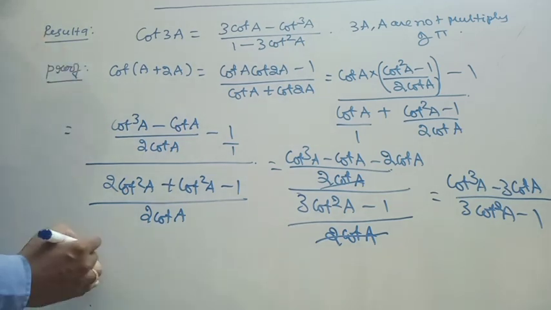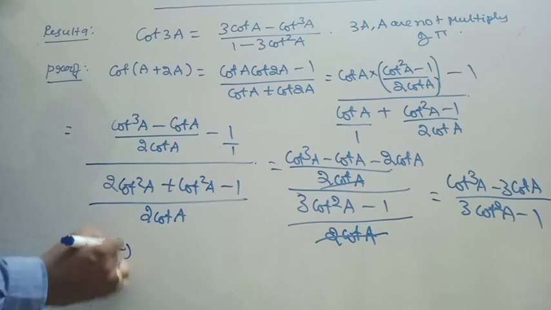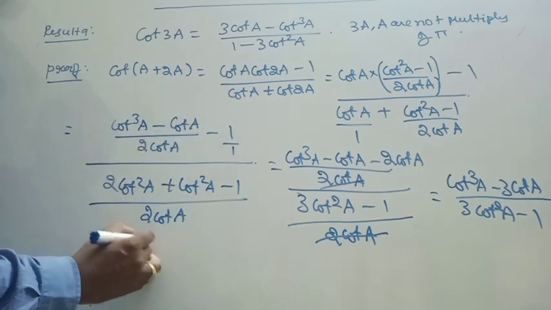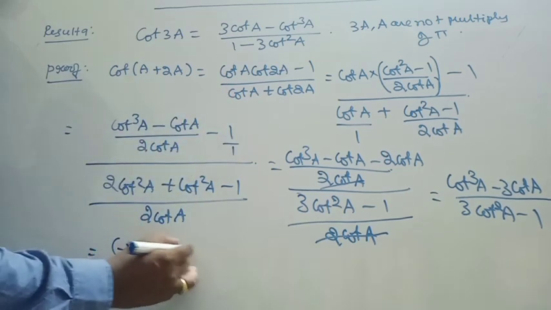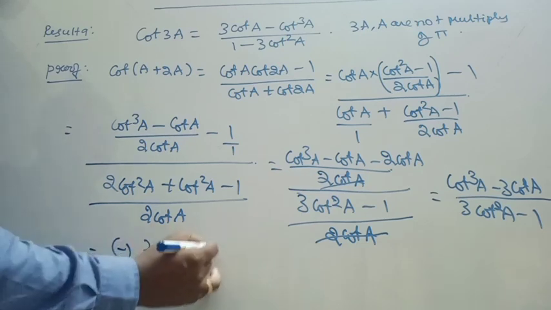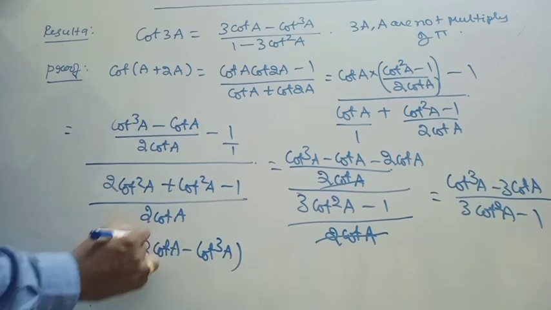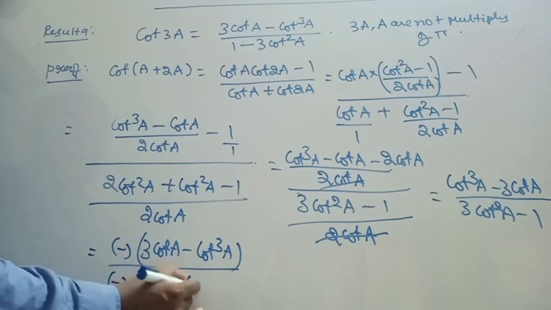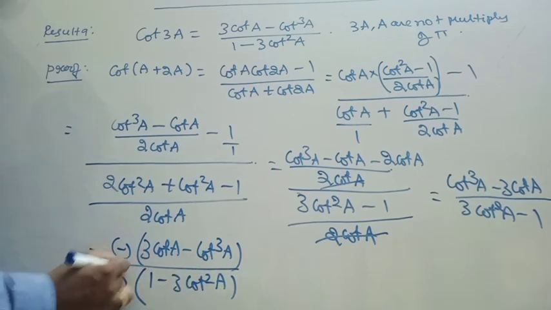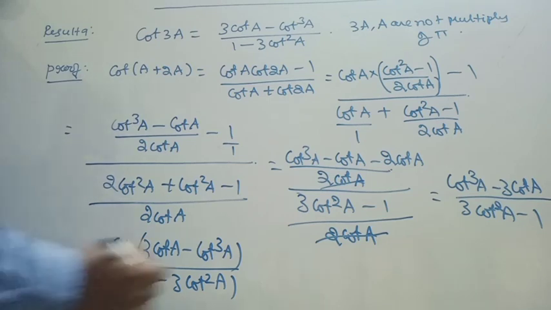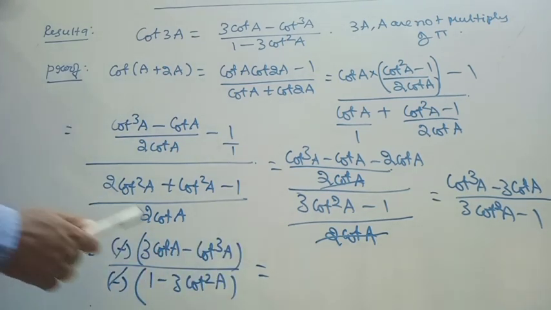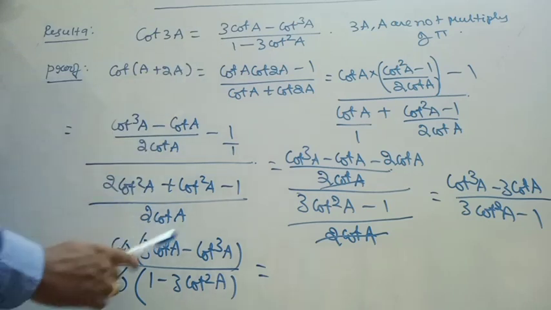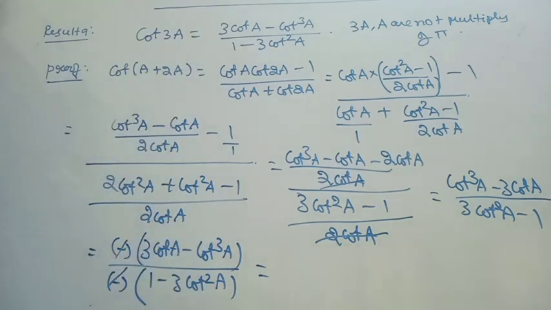This once again, by taking the minus sign common in the numerator, we get 3 cot A minus cot cube A, and in the denominator we also take minus common, so it becomes 1 minus 3 cot square A. This minus minus will become plus, and we have beautifully got our result: (3 cot A minus cot cube A) by (1 minus 3 cot square A).